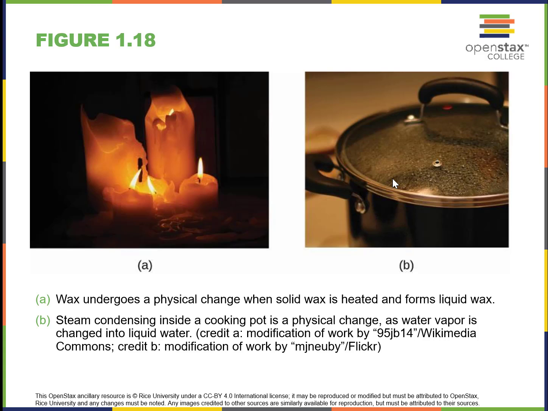And if so, how easy is it to do that? You can always get back in some way by going through a complicated series of chemical changes. But is it easy to do that? And if it is easy, then you're probably talking about a physical change. So if you can change the temperature and you get it back, then you're looking at a physical change. If it takes something a bit more complicated, then it's probably a chemical change.